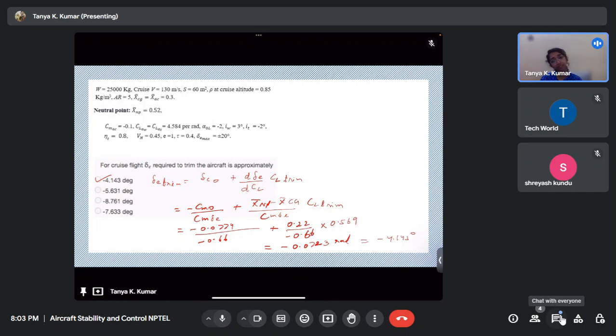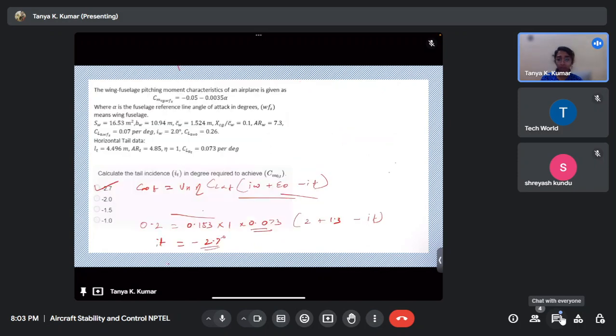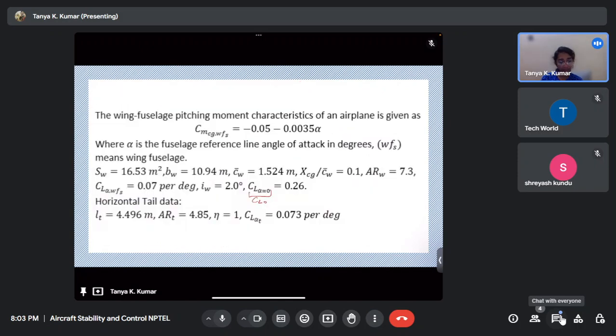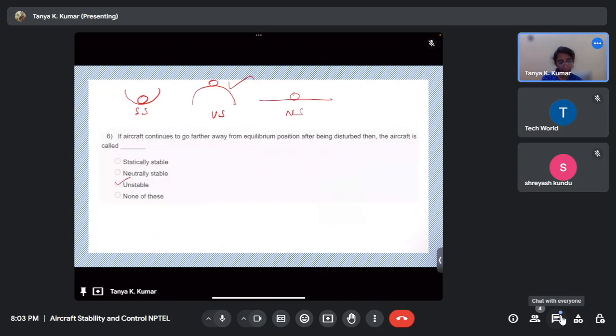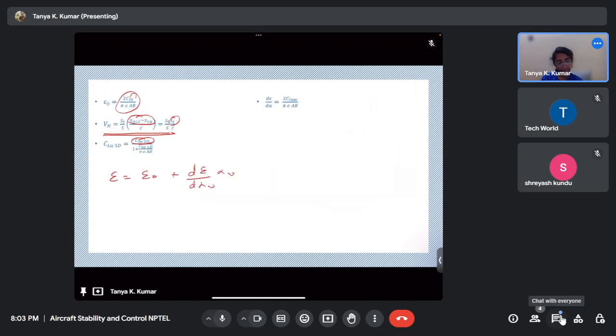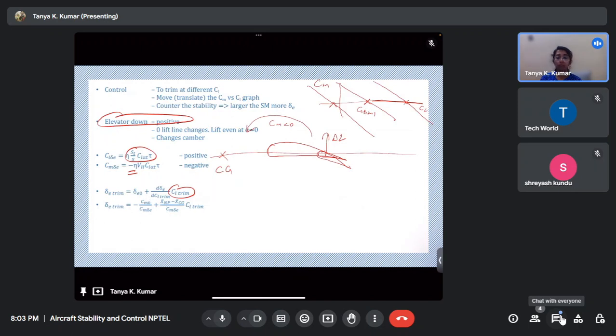Our convention is that elevator down is considered positive. We had seen this in the control slide. So we've got minus 4.143 degrees, so that is upward deflection of the elevator.